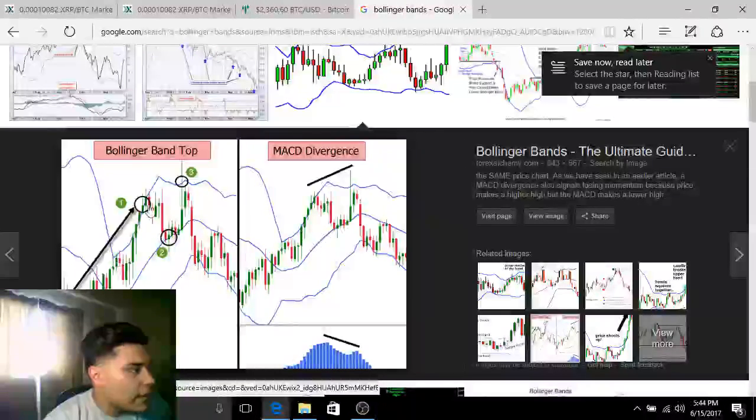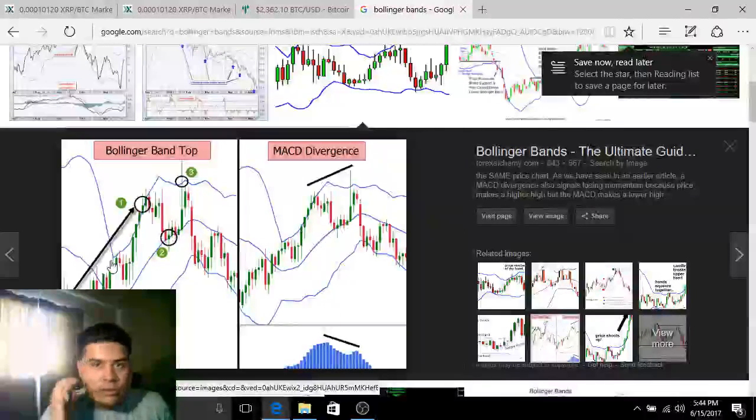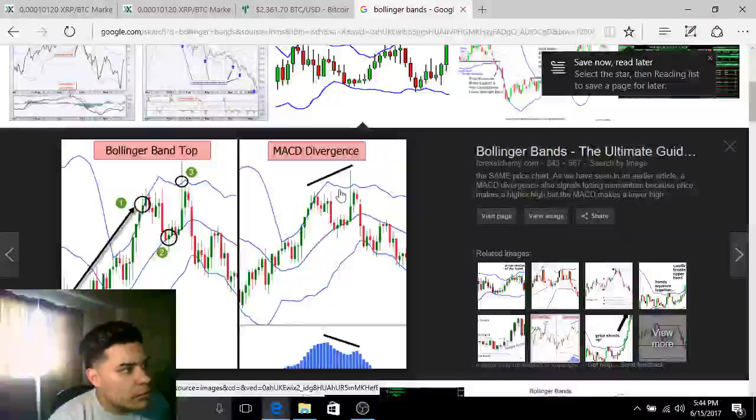Now the upper band, if the upper band is moving up and with the price, you know that the price is going to increase, okay? If the upper band is not moving up with the price as it's fluctuating as much, do not buy. That's a signal, okay? Now we look here at this lower band.